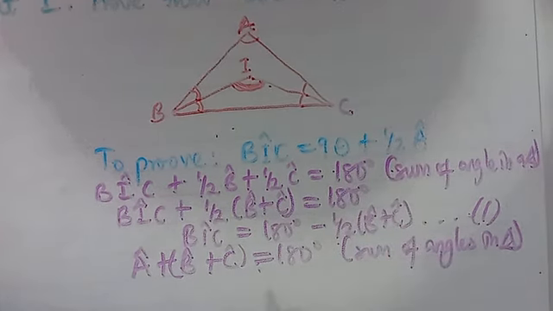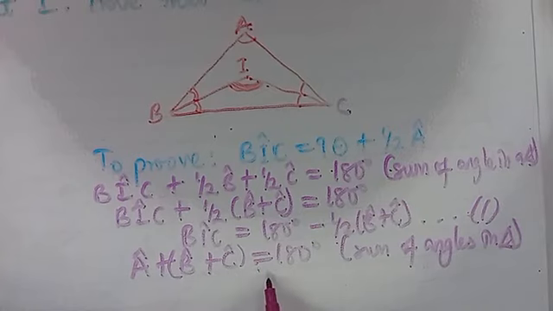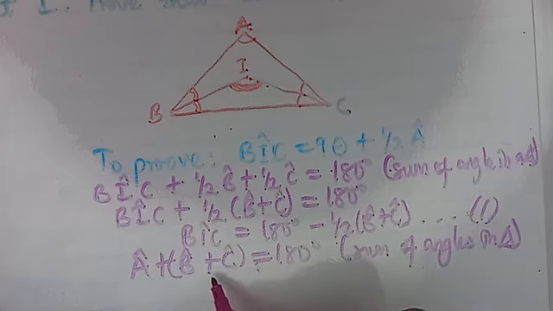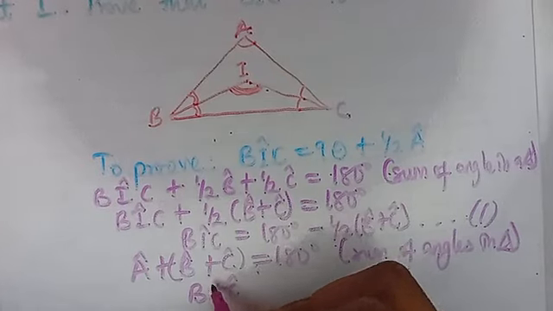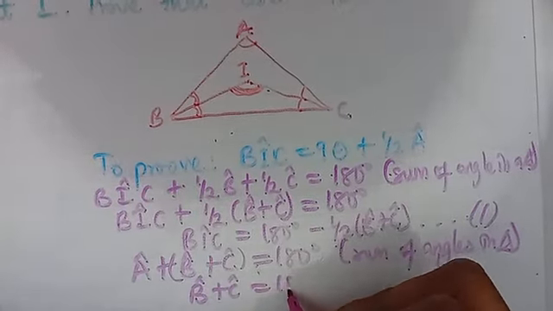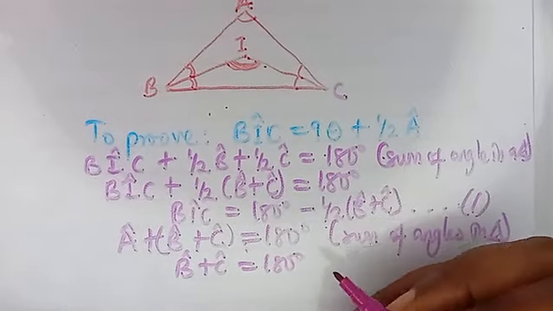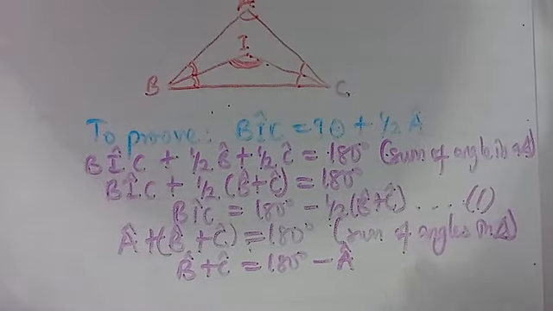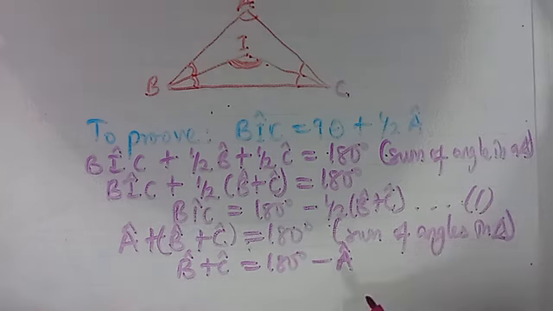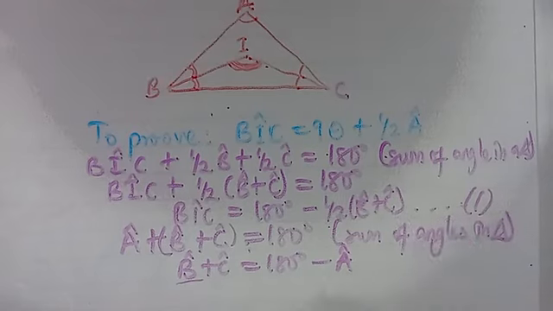Leaving it on this side, we are going to have that angle B plus angle C is equal to 180 degrees minus angle A, right? So we are going to substitute this into equation 1.